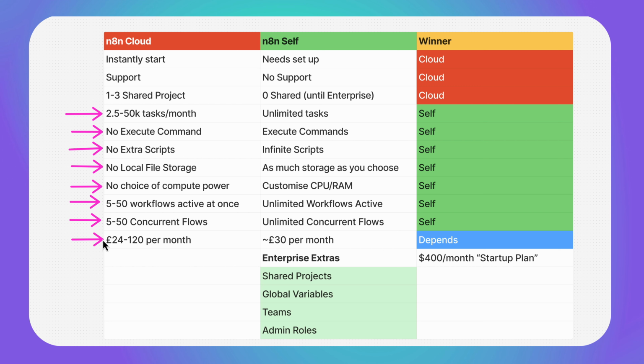Finally, one of the things I will cover off here is the fact that enterprise does exist for the self-hosted option, and you can have shared projects, global variables, teams, and then admin roles if you pay for the enterprise for self-hosted. I think this is a worthwhile investment once you get to the right stage in your business. It is $400 a month for a startup plan. You get a minimum of 1 year of the startup plan from when you start, if you are eligible.